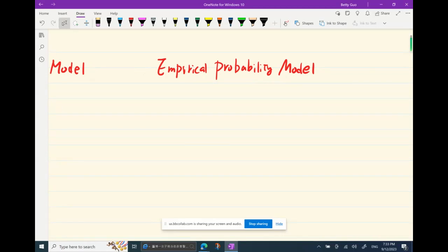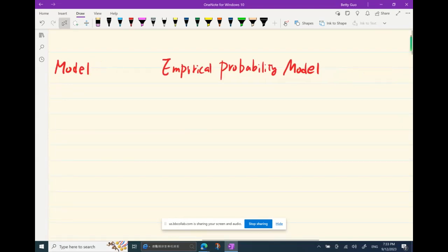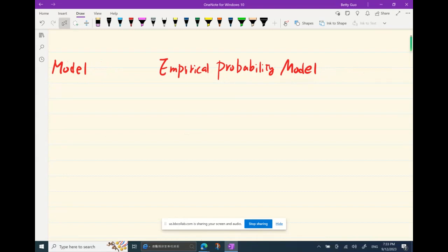Then to know which formula to use, we have to know how to identify which model. We use the classical probability formula when the model is classical, and we use the empirical definition when the model is empirical.